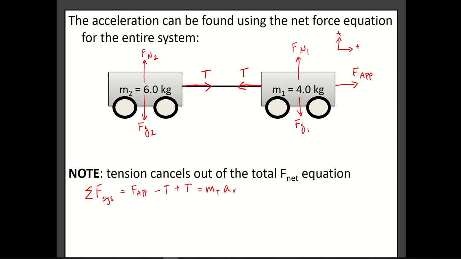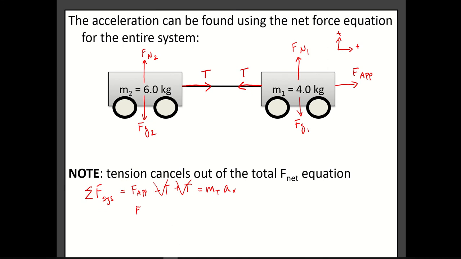Because we're working in one dimension, I guess you don't really need to distinguish between the x and the y. But if you have two dimensions, then you definitely want to include the subscript x to distinguish between different dimensions. Okay, so like I said, because the tension forces are going to be equal here, these two will add to 0. So they go away. That means that our F net for the system is just going to be the force applied equal to the total mass times the acceleration.